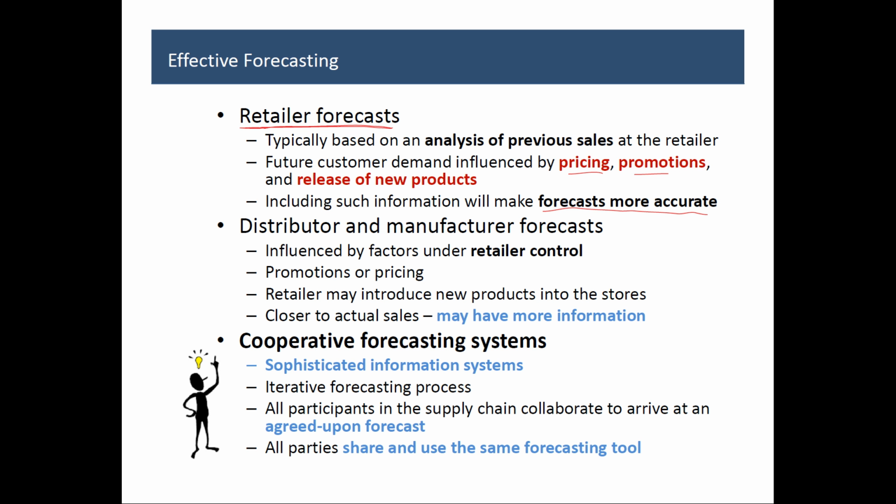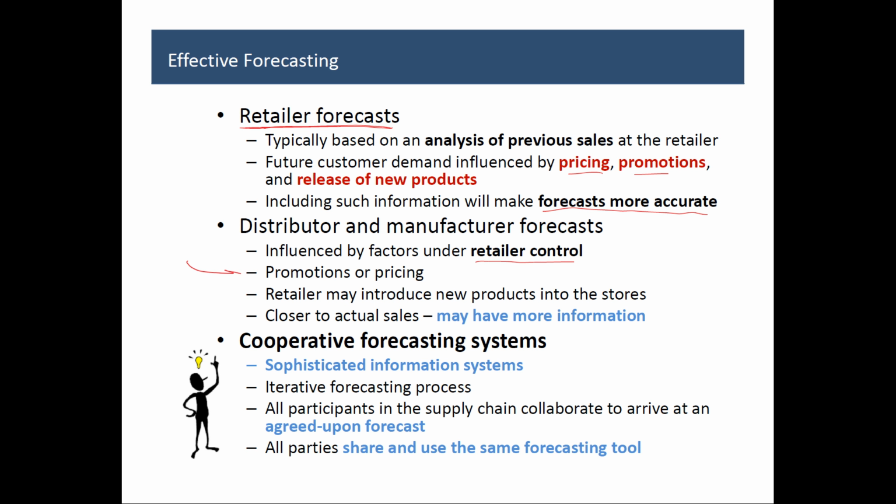So all this information would be included in the forecast of the retailer. The distributor and the manufacturer now would make their own forecast, and this would be influenced by the factors that are under the retailer's control. So also here we see that centralized information would be key to ease this kind of forecasting method.